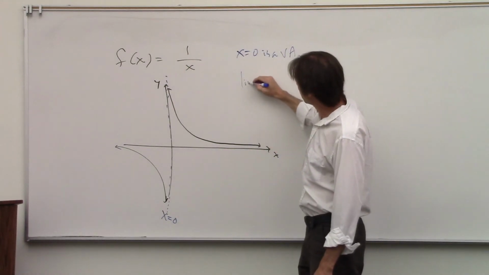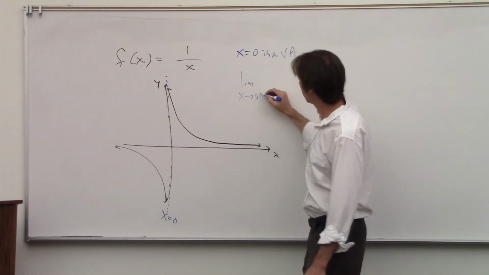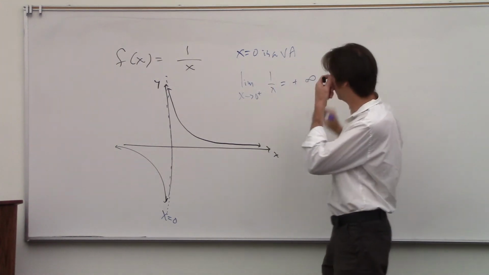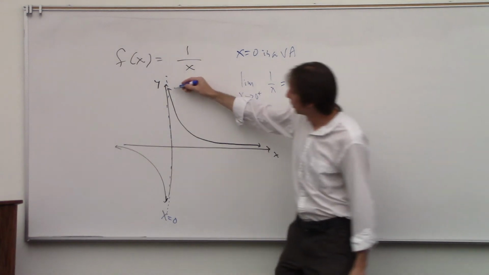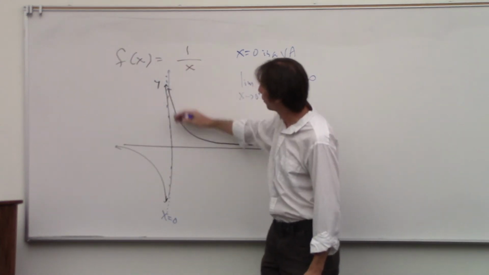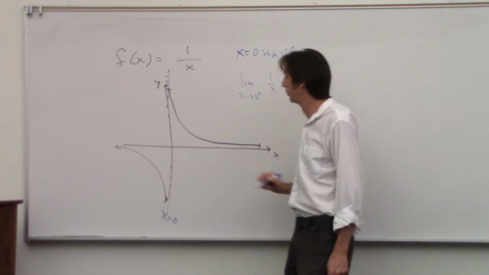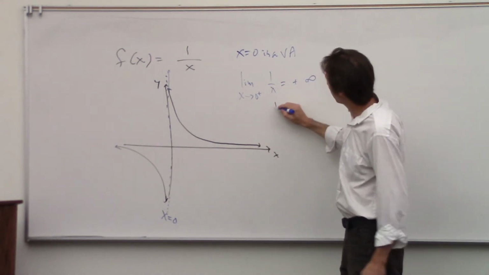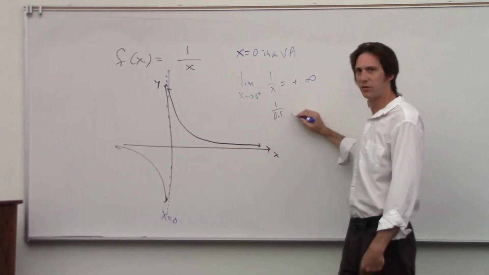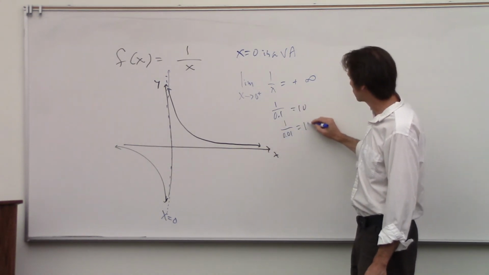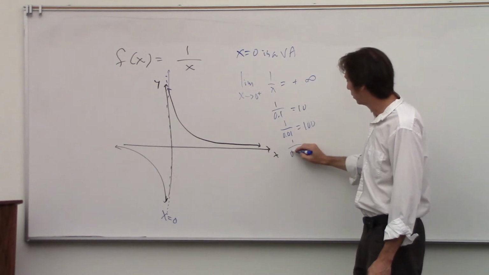In particular, the limit as x goes to 0 from above of 1 over x is equal to positive infinity, where my function increases arbitrarily large as my x value gets close to 0. This should make sense: if I think about dividing 1 by smaller and smaller numbers, the actual fraction gets larger and larger.